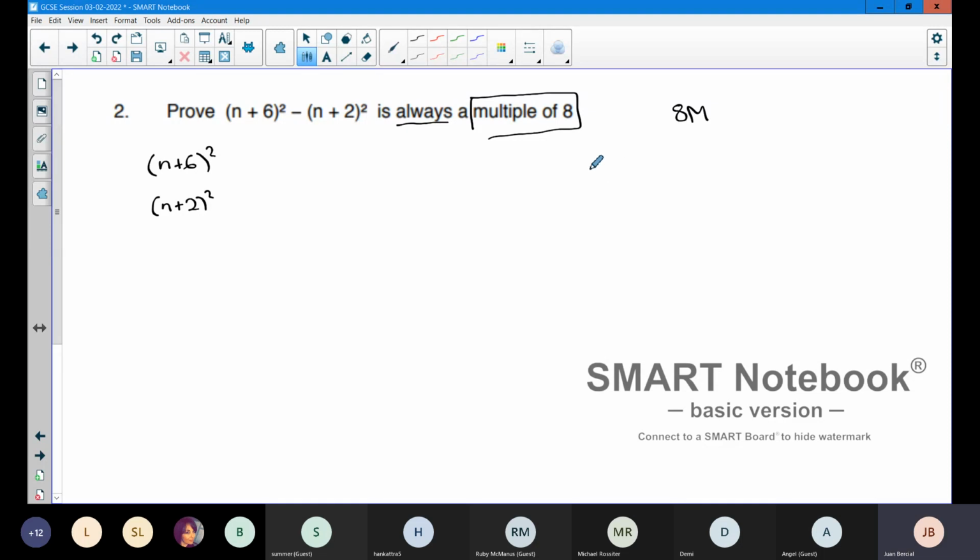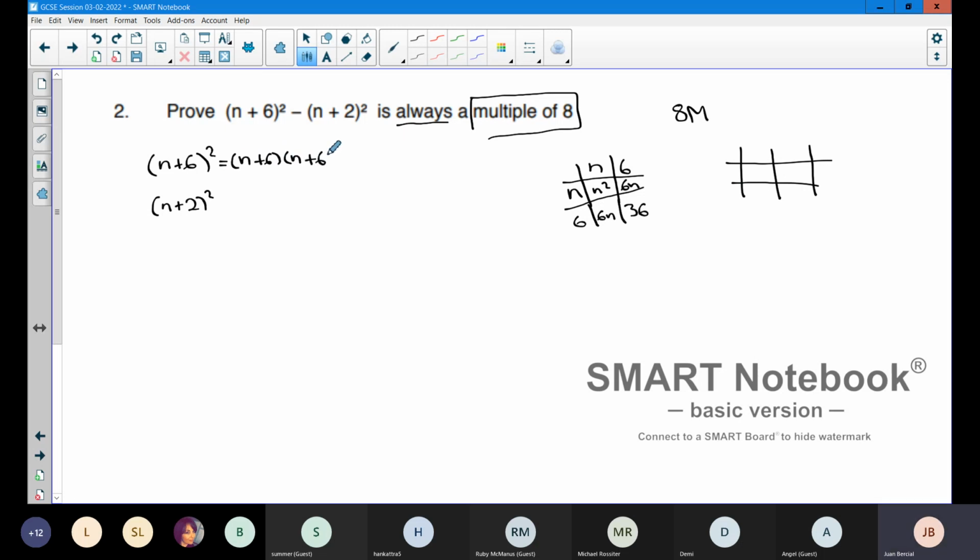So there are different ways. For example, one way you can do that is with the grid. Some of you are familiar with using grids. So you've got n, 6, and n plus 6. So you've got n squared, 6n, 6n, and 36. Or you can use FOIL if you want to write them like this, n plus 6 times n plus 6.